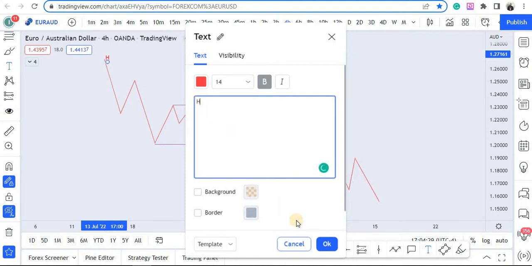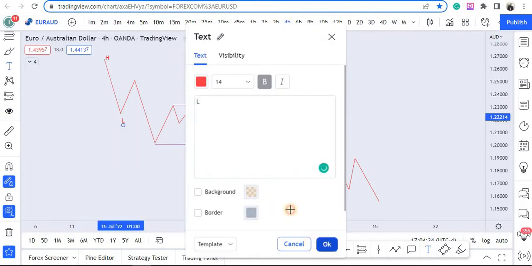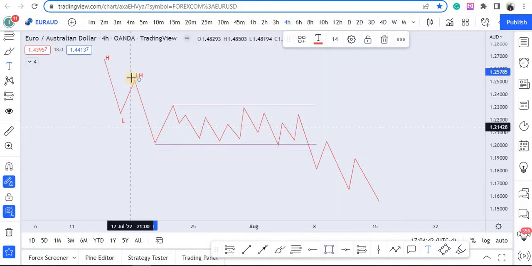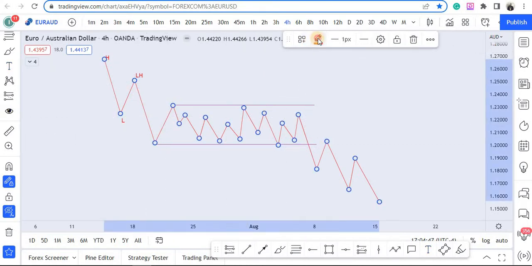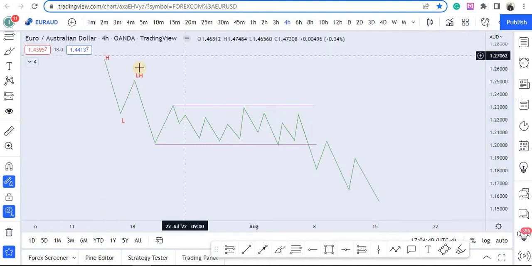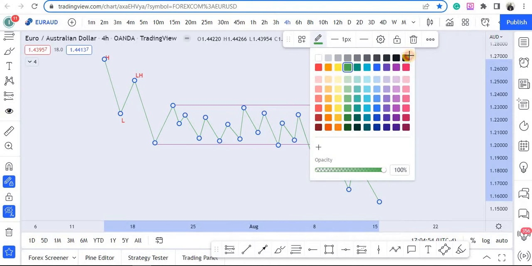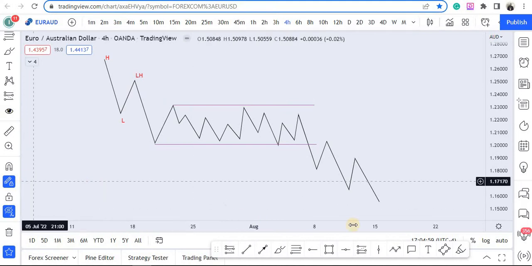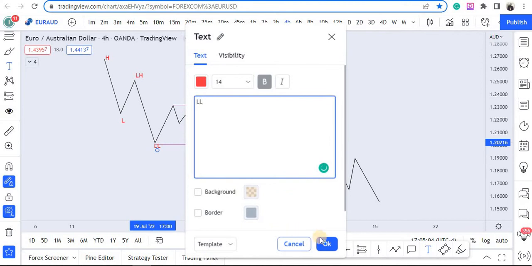Sorry, high, low, lower high, make this green, lower high, or make it black. Okay, lower high, lower low.